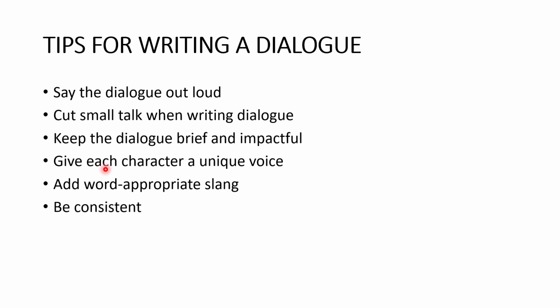For example, even if you do not point towards the name of the particular character, by reading the dialogues, the reader must visualize that the writer is talking about this character.